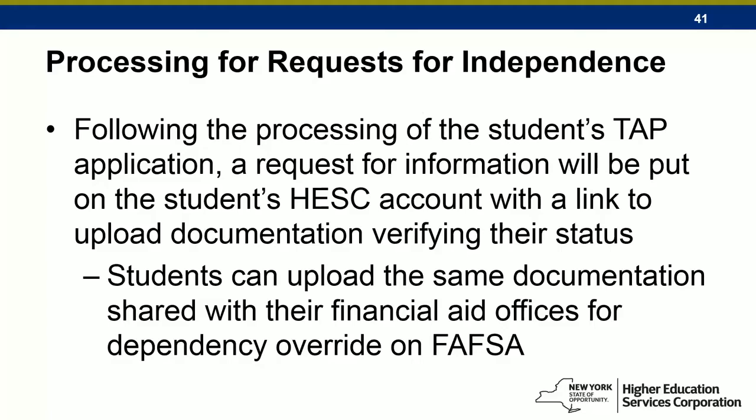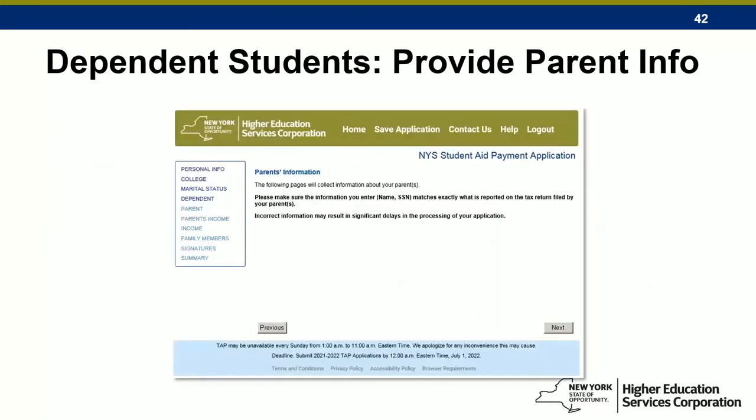So just like they're doing with their college financial aid office, sending them letters from their school counselors, court documents, whatever it may be, when they do their TAP application, in the days after their application is processed, they'll get an email from us saying your application needs information, and they'll see an upload area where they can upload to us the same counselor letters, court documentation, and things that they're sharing with their college to prove their special circumstances for independence. Now, if the student's considered dependent, our application is going to call out that we are going to ask questions about their parents.